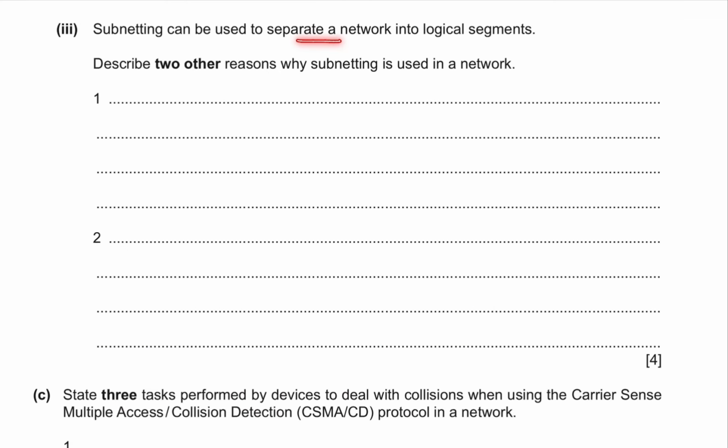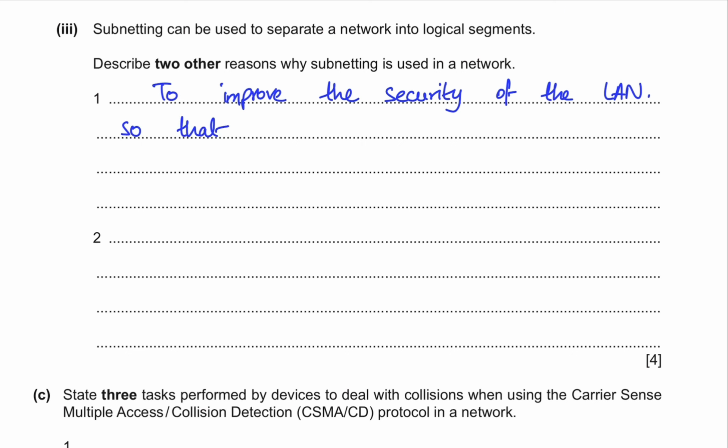Subnetting can be used to separate a network into logical segments. Describe two other reasons why subnetting is used in a network. Why do you use subnetting? To improve the security of the LAN, so that the devices do not receive unintended data.